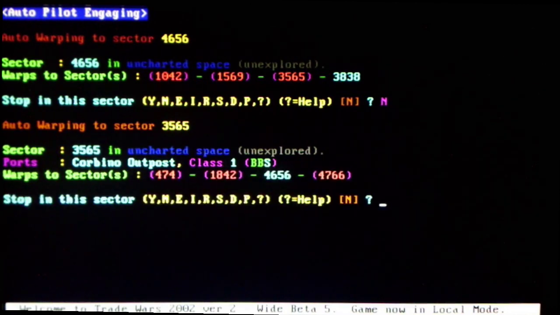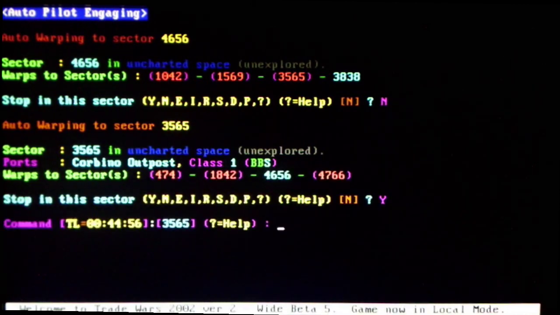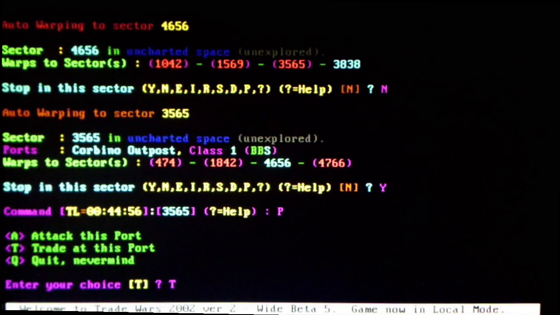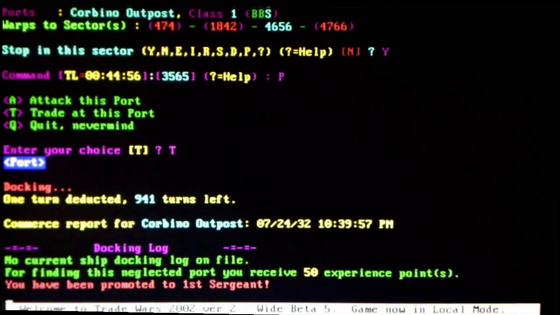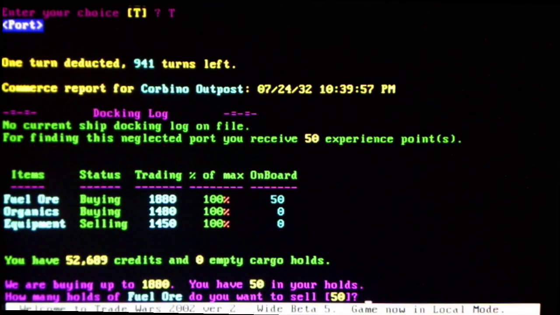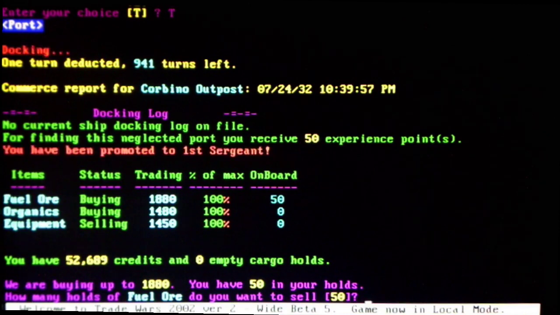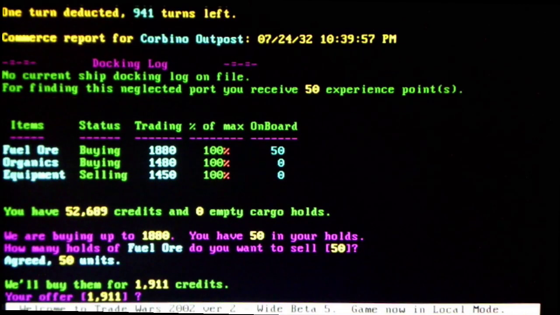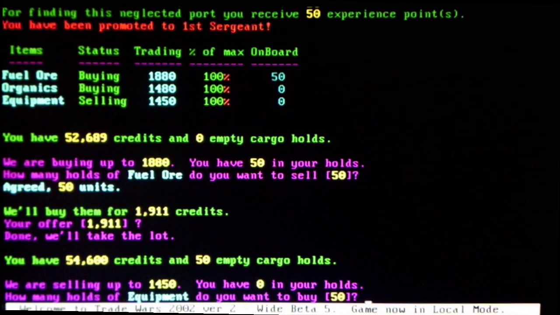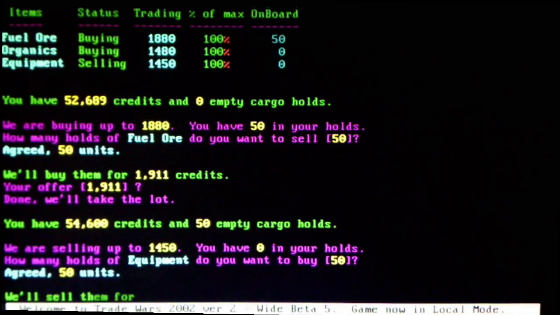And let's stop here. There's an outpost, and they're buying, so we can sell. So let's port, trade. I've been promoted. We're going to sell. Well, while they're selling equipment cheap.